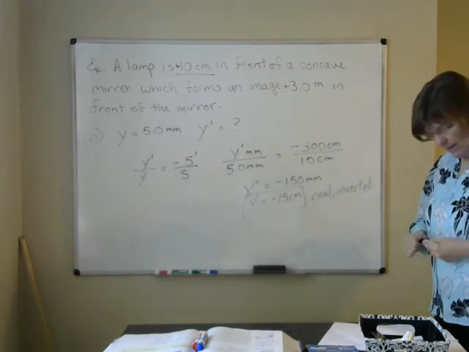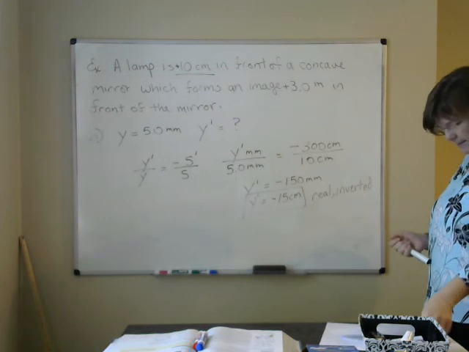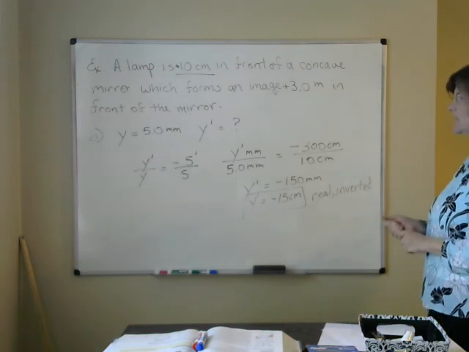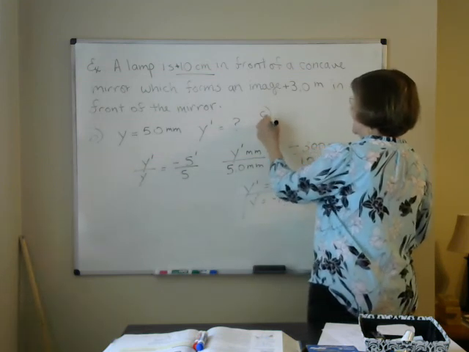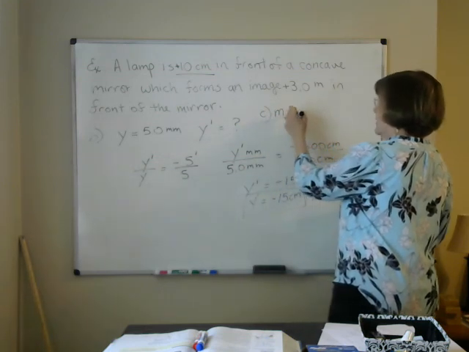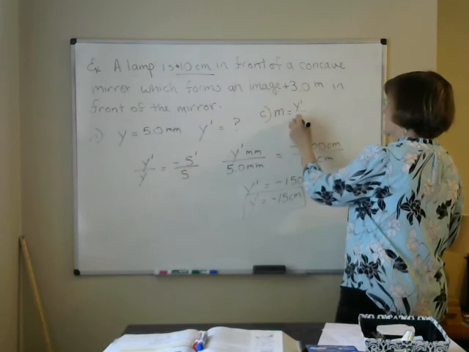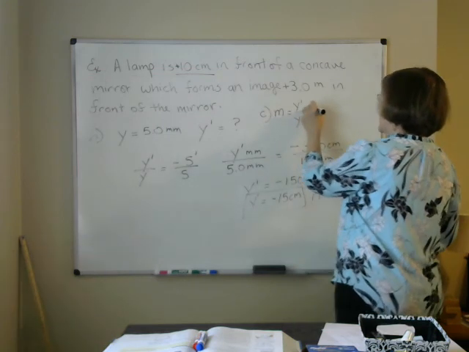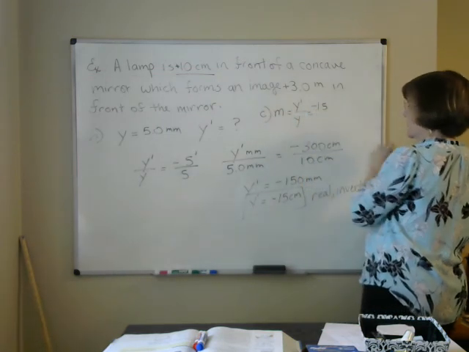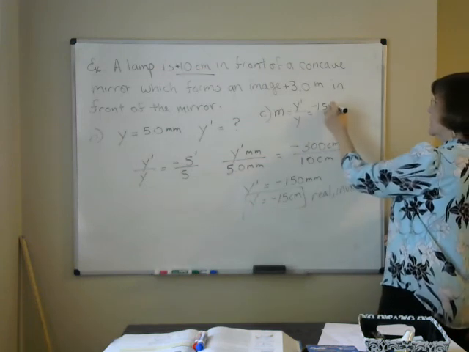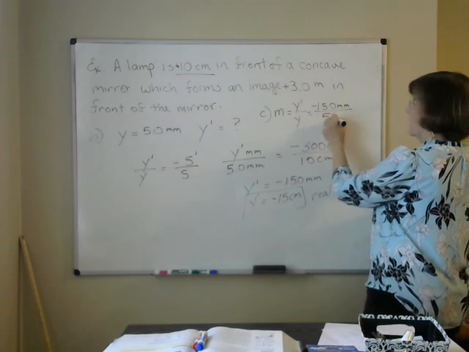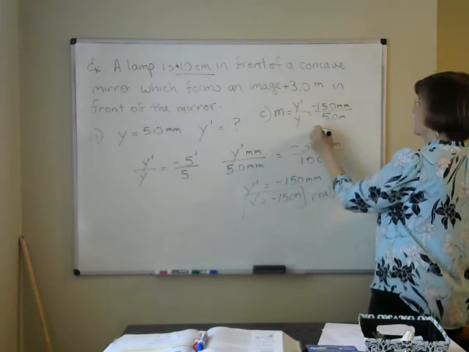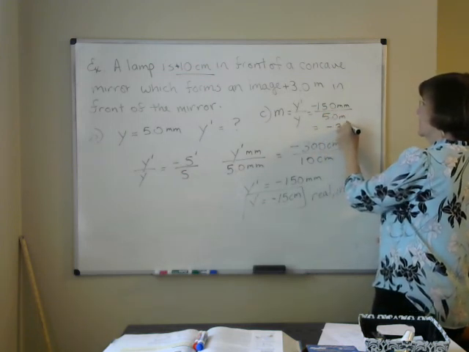Okay. Part C says, what is the magnification? Well, the magnification is the easiest thing. It is simply that ratio of image to object. So negative 150 millimeters over 5 millimeters is negative 30.